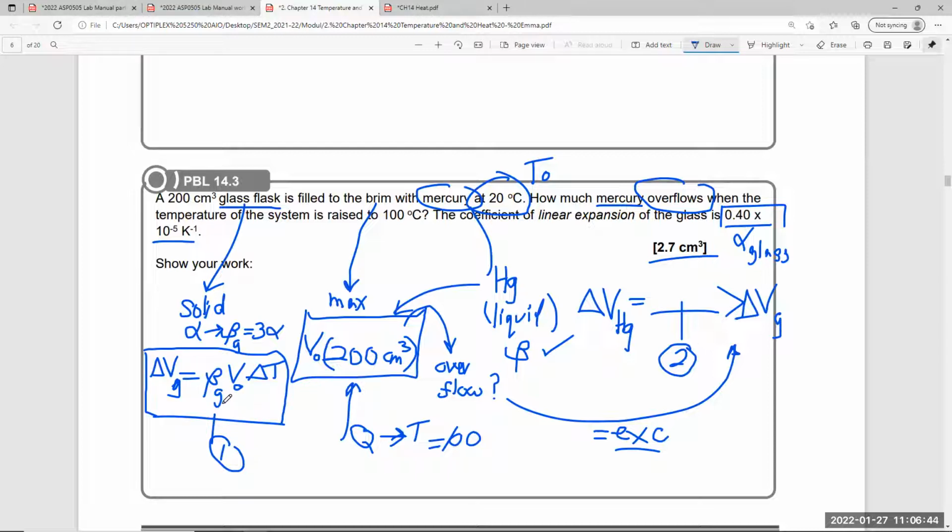All the quantities we know, you just substitute the values. The coefficient, the initial volume, both are 200, you can keep the same value. Delta T is 80 as just now. Then you solve for the second calculation.